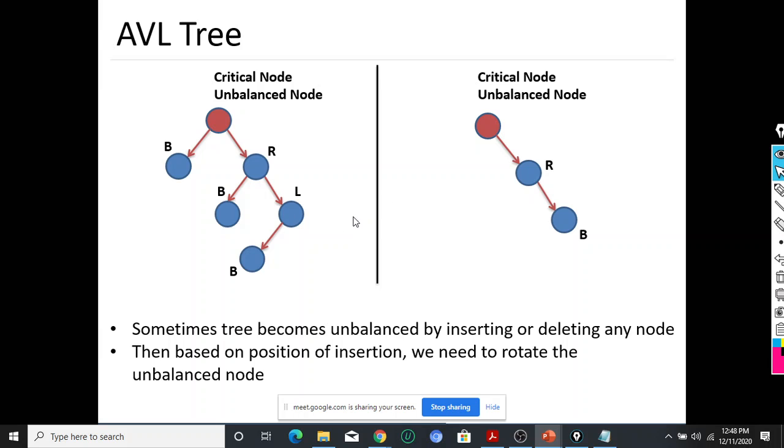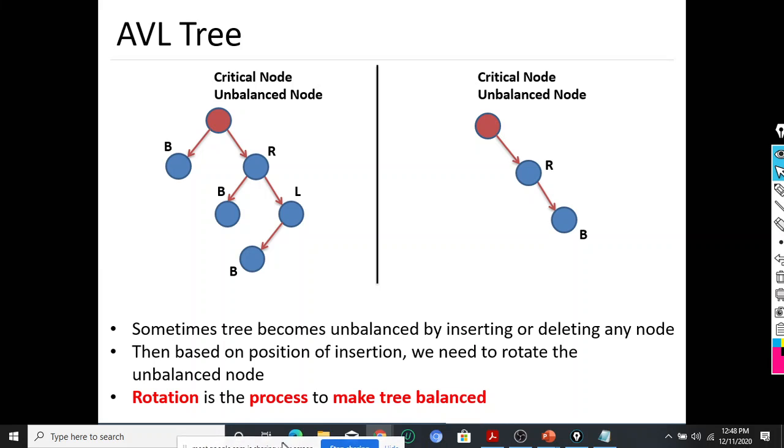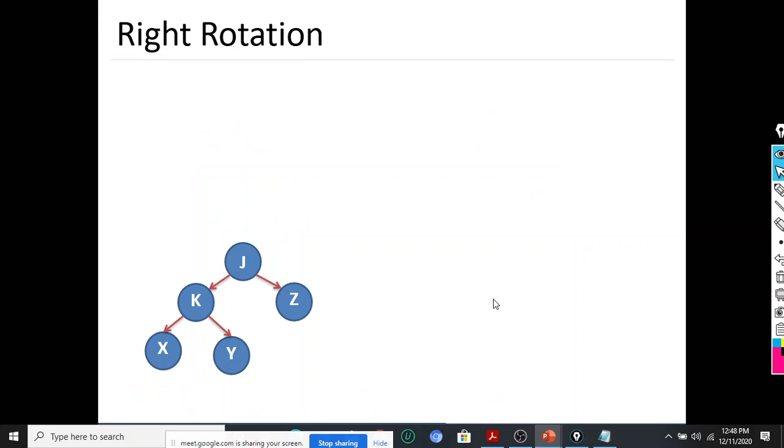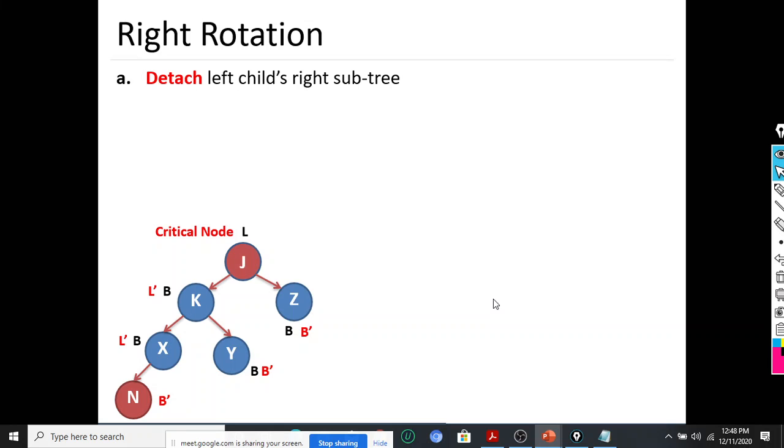So based on the position, we need to rotate the unbalanced tree. So rotation is the process to make the tree balanced. There are four kinds of rotation. Okay, this is called right rotation. I will discuss all the rotations one by one in the next class also.